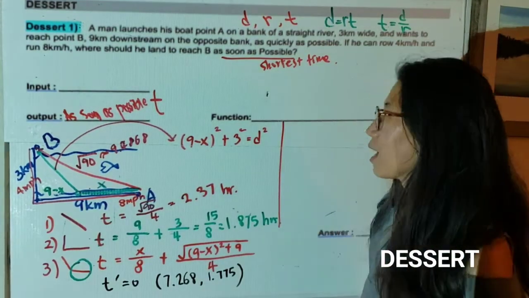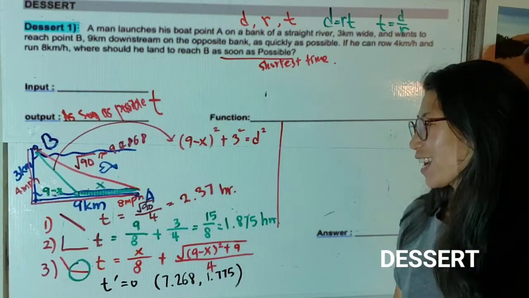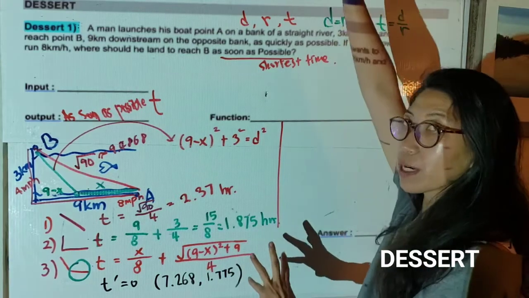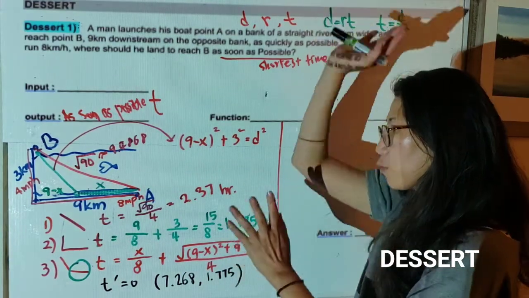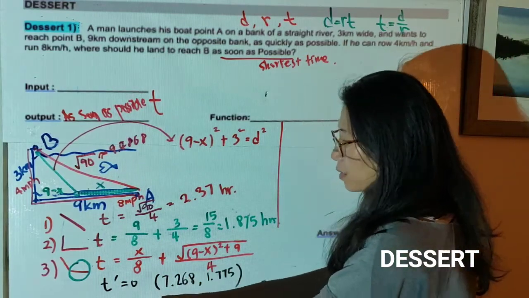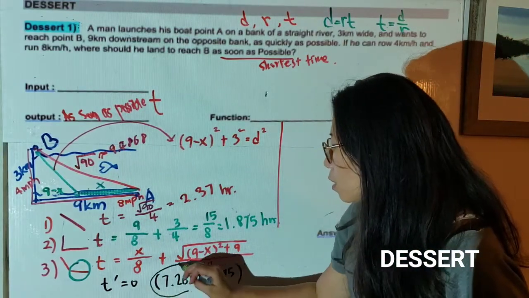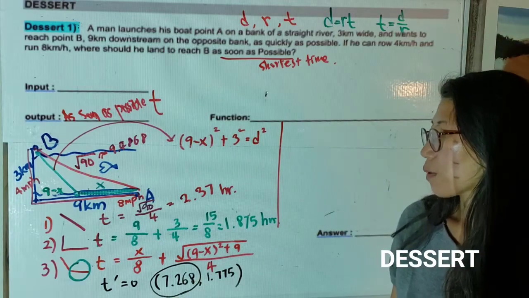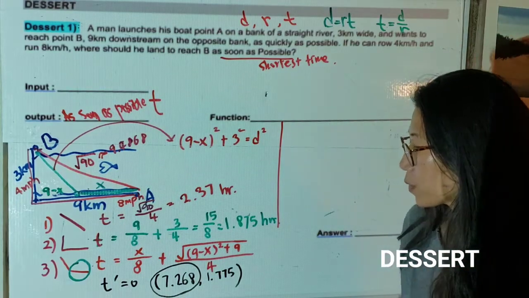So class, I haven't started the question yet, but if you take a derivative, which we learned in 4.2, set it equal to 0 and then solve for x, you will get your x value as 7.268. What does that mean?